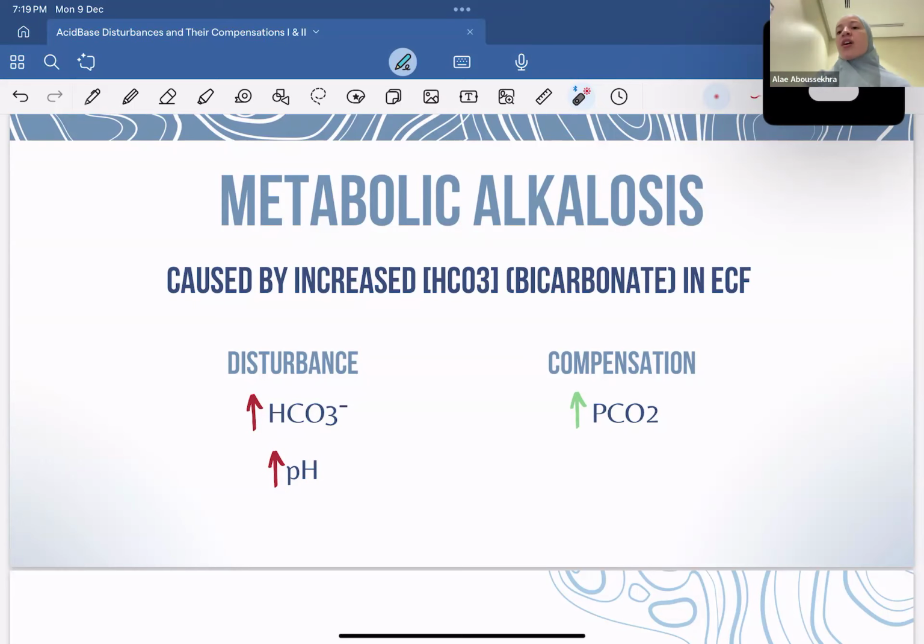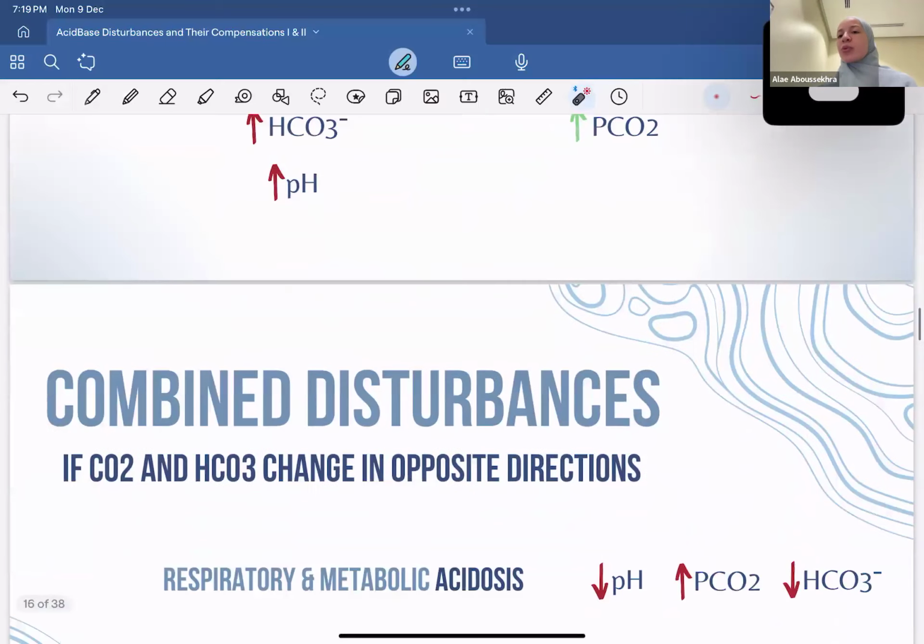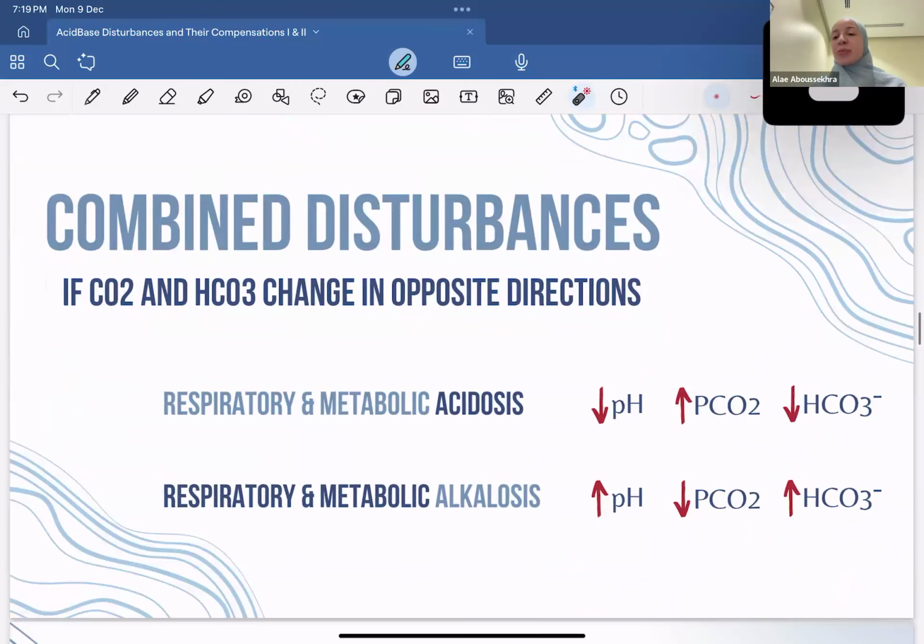Okay, now that we're done with the individual disturbances, sometimes we can have something called a combined disturbance. This basically happens when you have a problem in both systems, the respiratory and the metabolic. For example, someone that has asthma, which is going to cause respiratory acidosis, and at the same time they have diabetes mellitus, which is going to cause metabolic acidosis.